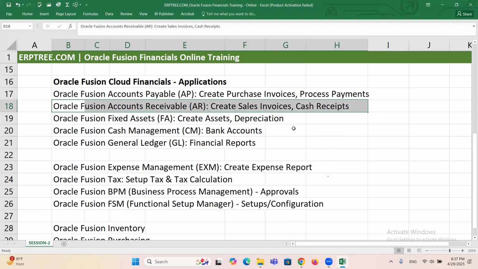Now I'm just trying to introduce, and there are separate processes which we call the P2P cycle and the O2C cycle. Very soon we'll talk about those two cycles so that we get a big picture understanding of how all these departments and applications interact, how the data sharing happens across these applications, what is the responsibility of each department, what we can do in each application, how these are all connected, and how the process flow works across or within the applications.